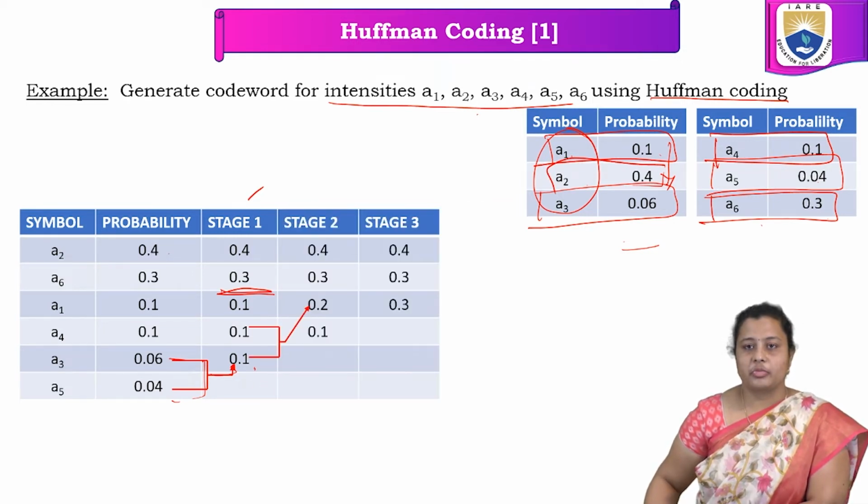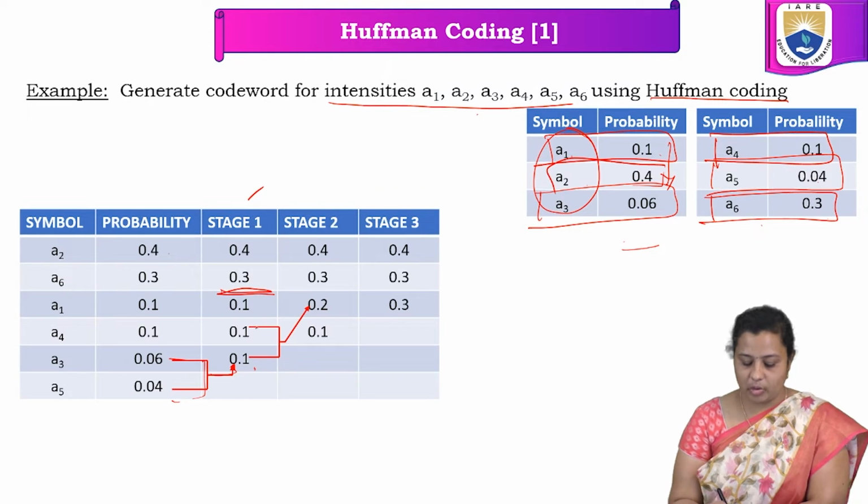In the next stage, we add the last two probability values, which comes to 0.2. After adding, we arrange in decreasing order of probability, so 0.2 should be placed before 0.1. We have placed it here.